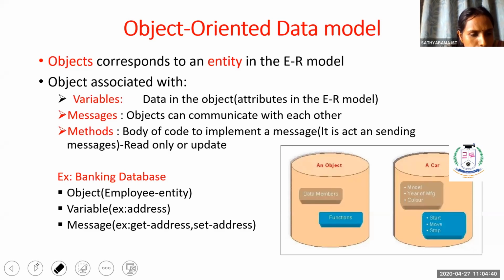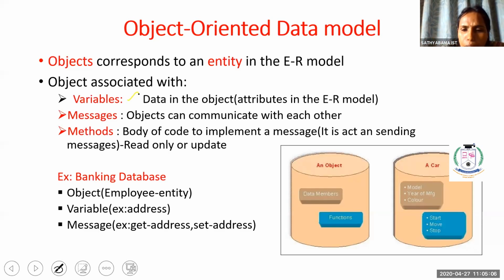Now, as you are already very well aware of your object model, what is available in an object, we will refresh it. See here, when you say object, the object is composed of three main components. One is called a variable. The variable is nothing but the data in your object.